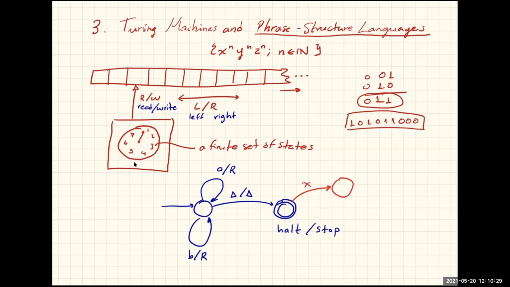Also, we have two symbols here. What do they mean? This first symbol is what we will be reading from the tape. Read from tape. And the second symbol will mean what we write to the tape, or an operation.